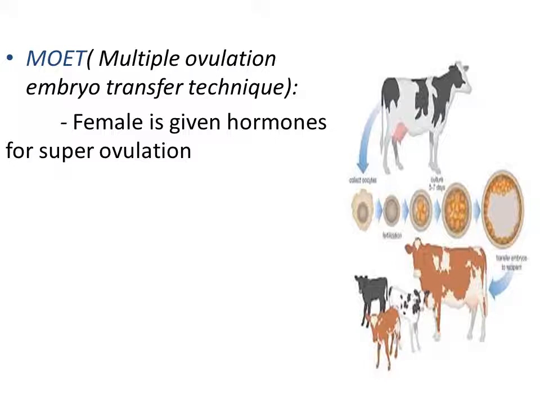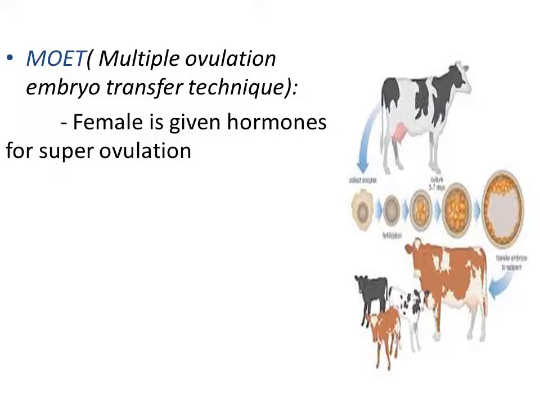You can see in the diagram, the embryos are recovered from the genetic mother. The genetic mother is the one who produced the multiple ovules, and the embryos recovered from her are transferred into the surrogate mother. The surrogate mother is the one receiving the embryo from the genetic mother.